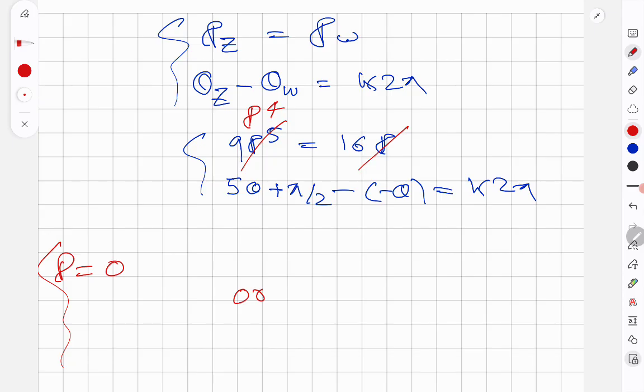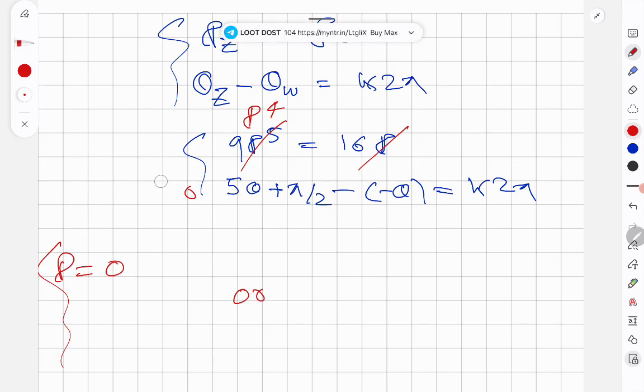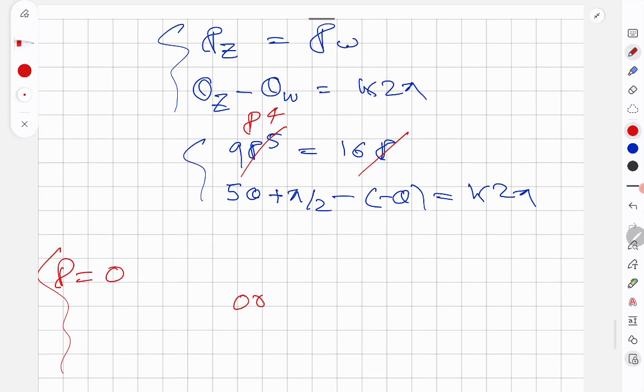If you don't cancel, if you take this one 9 rho^5 minus 16 rho equal to 0, and take rho common, it's rho times 9 rho to the power 4 minus 16. This equal to 0 and this equal to 0. So you are forgetting the solution. So whenever you cancel, just remember you are doing this, or you will miss a solution.